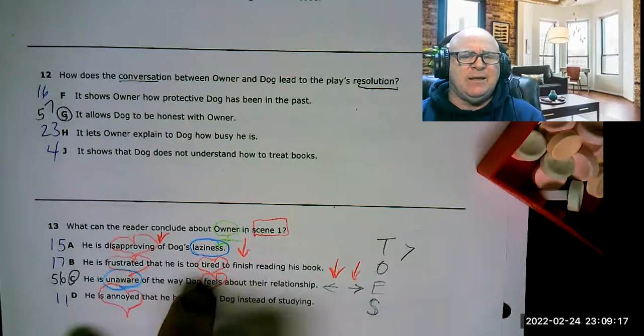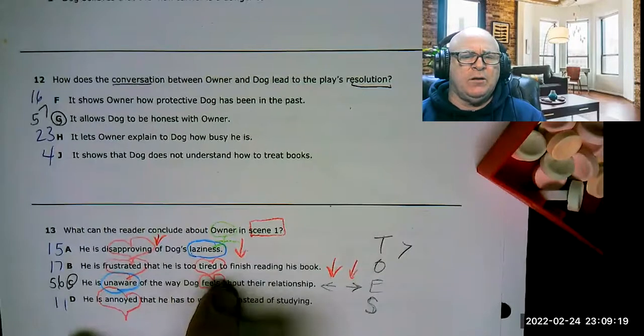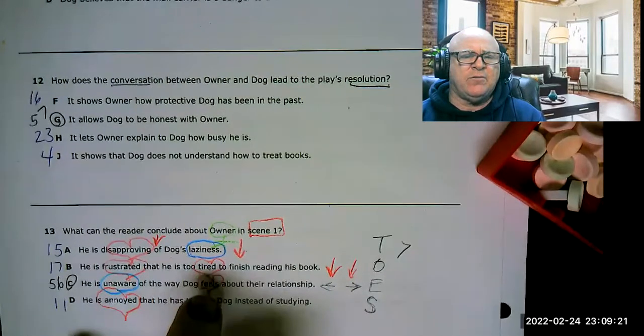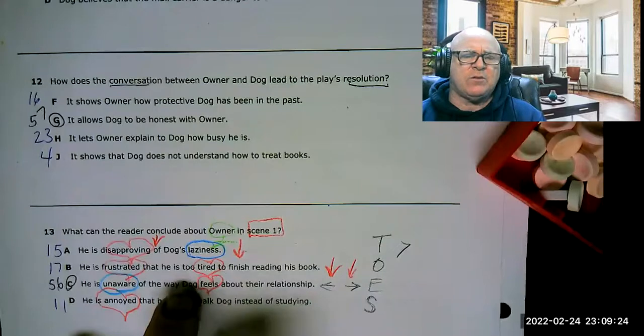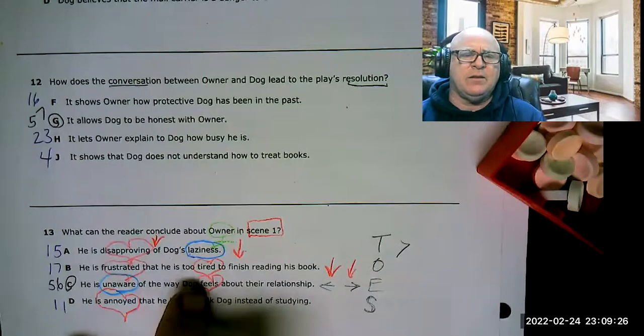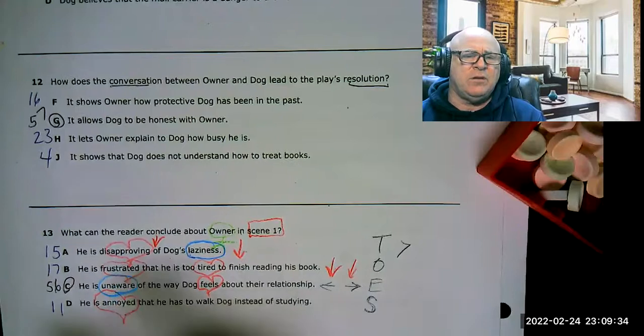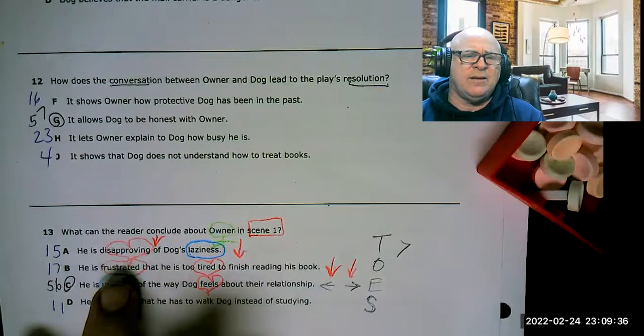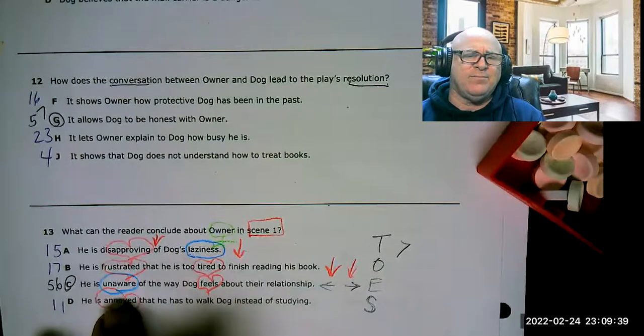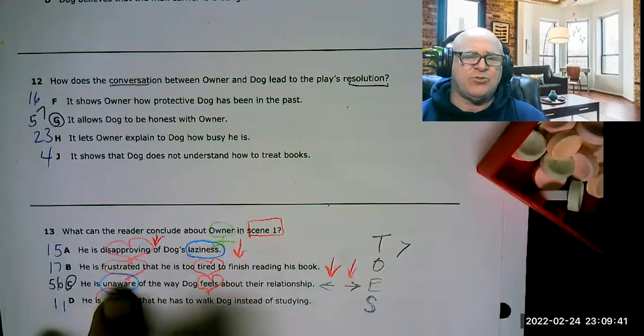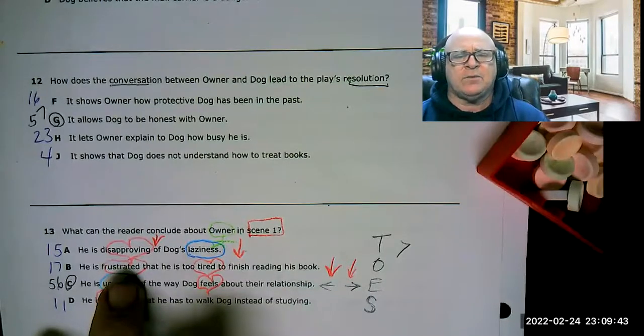Well, if it's between not really knowing how the dog feels, well, he thinks his opinion is that he doesn't realize how good he's got it. So let's see if C is a better answer or D, because we've already decided that I'm not frustrated because I'm tired.